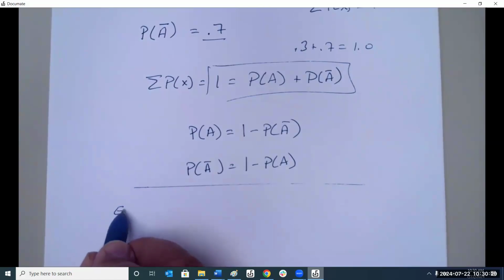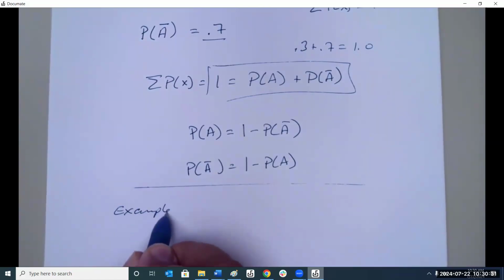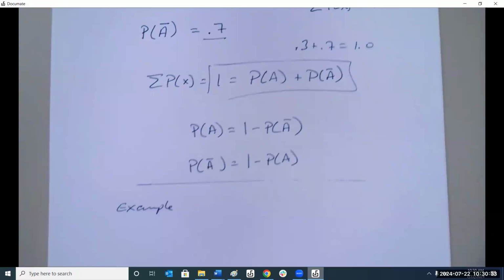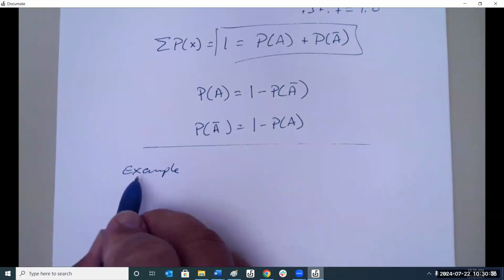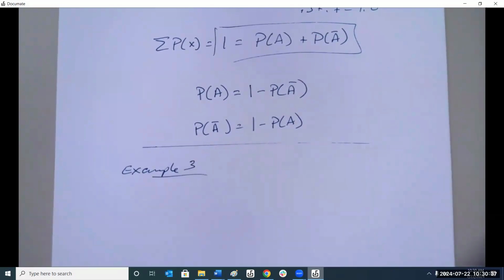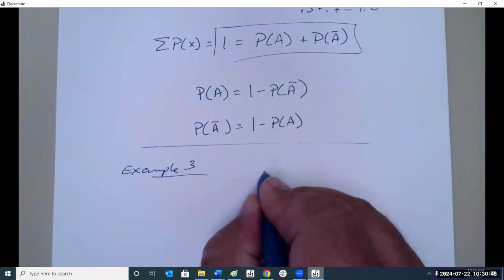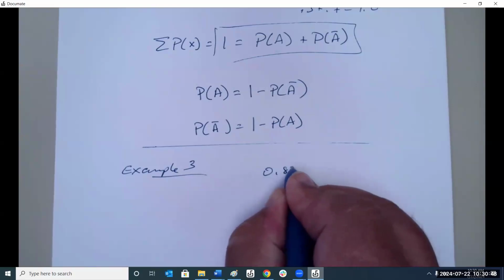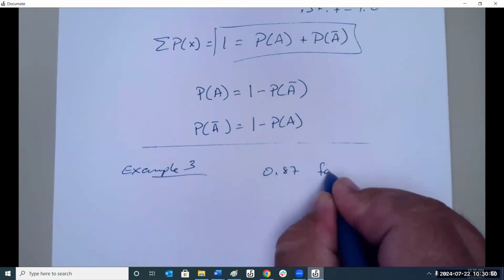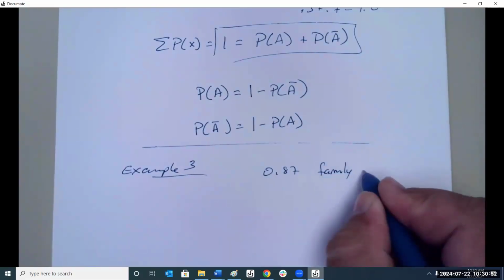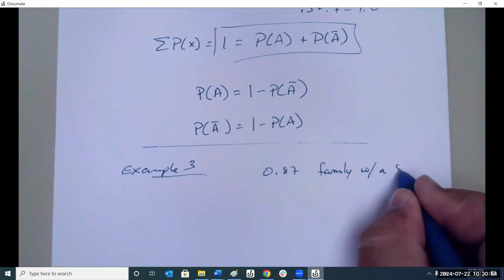Example 3. Based on survey results of consumer technology associates, the probability of randomly selecting a household in the United States and getting one with a smartphone is 0.87.